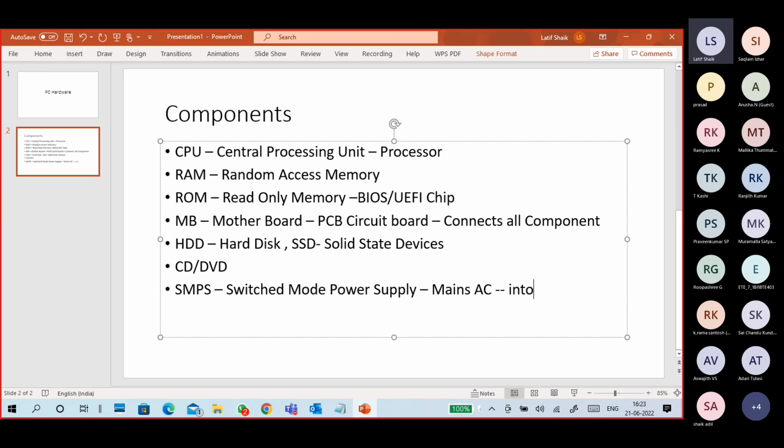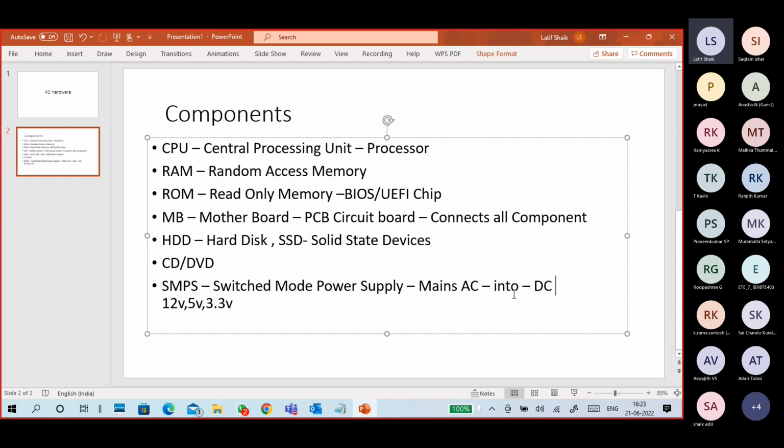It converts into DC like 12 volts, 5 volts, 3.3 volts. Plus or minus is also there. How much is the mains? 220 volts, 50 hertz frequency. Basic information purpose.